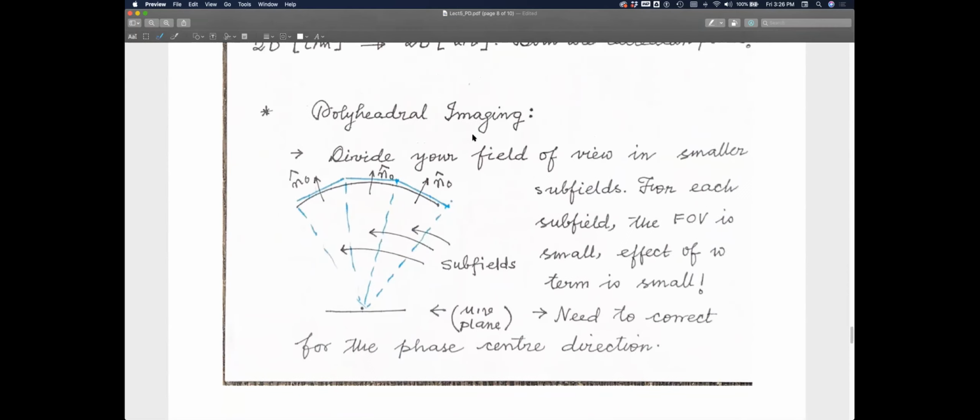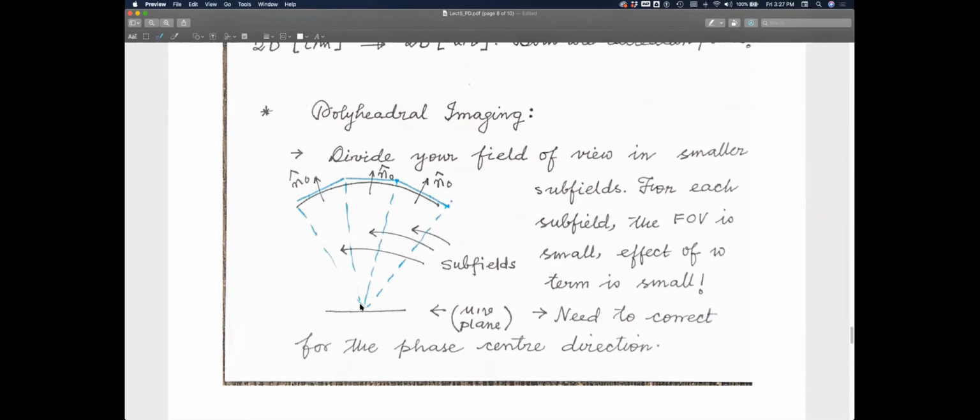So the first approximation you do is the following. You say, I am trying to look at this hemisphere, which I have drawn like a circle here. You can think of it as a projection. And I break this up in terms of polyhedrals. So I say that, okay, this black arc is my entire field of view, but now I have broken it up into 3 different small fields of view, which I call subfields.